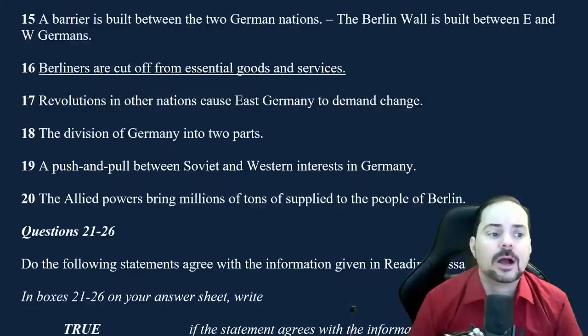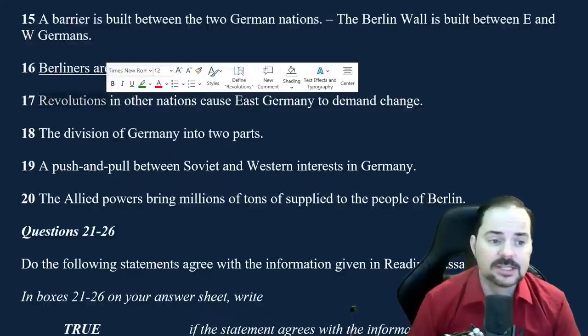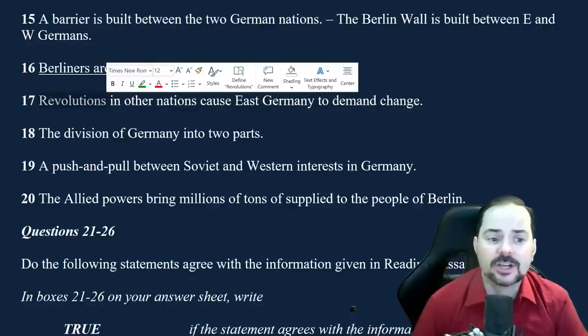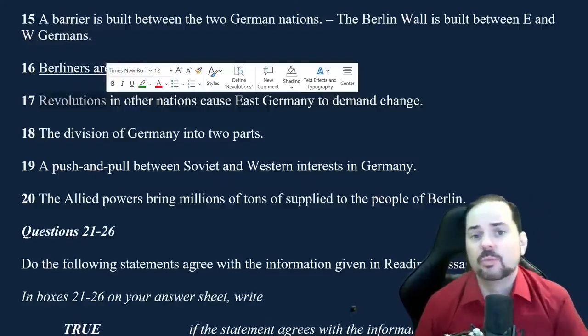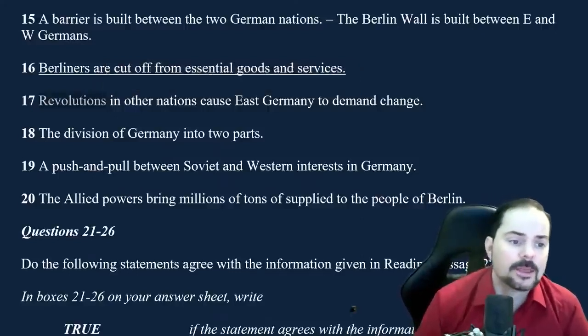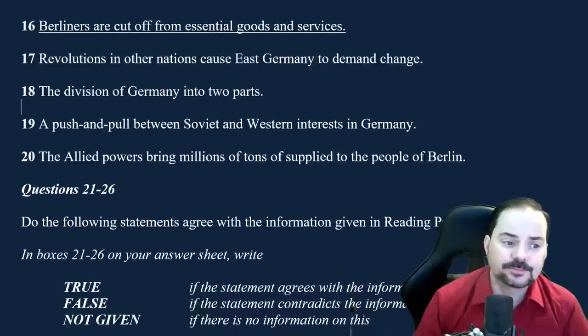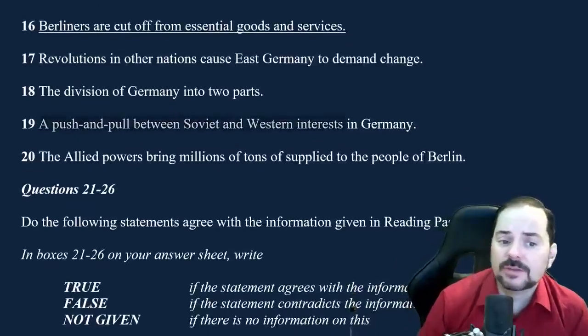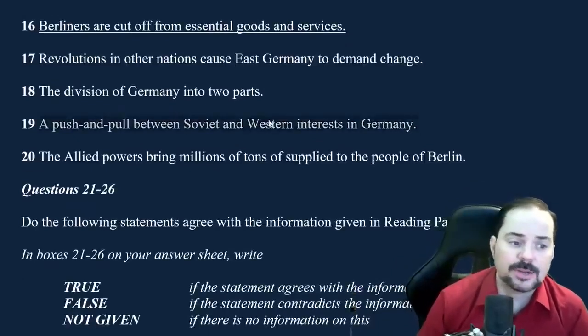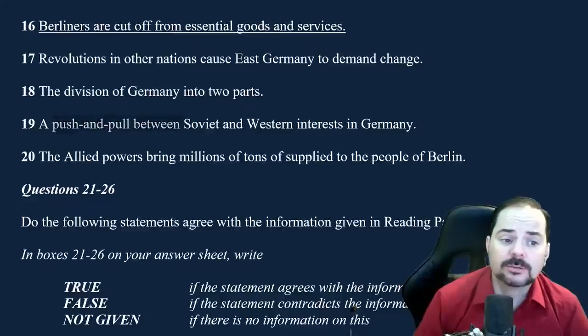A revolution is a civil uprising, so civil conflict in other countries results in East Germany wanting to change. The division of Germany into two parts, the separation of Germany into two halves. A push and pull between Soviet and Western interest in Germany, a tug of war between Soviet and American, British, French interest in Germany.